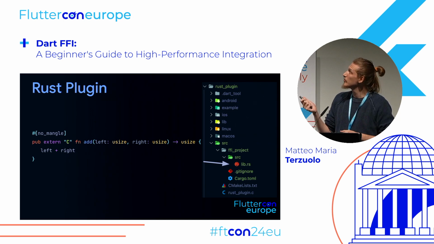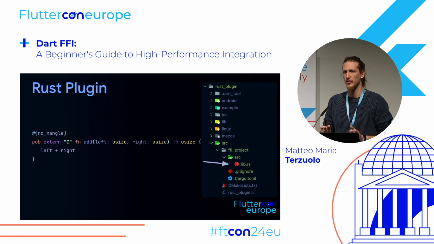So adding the no_mangle decorator is going to tell the compiler, leave my function name as this, so we are going to have add, and that's all, okay?